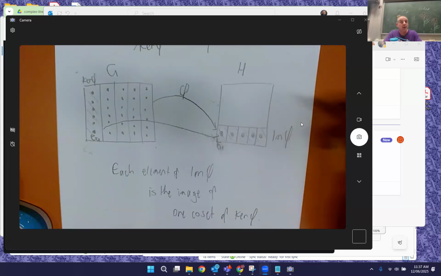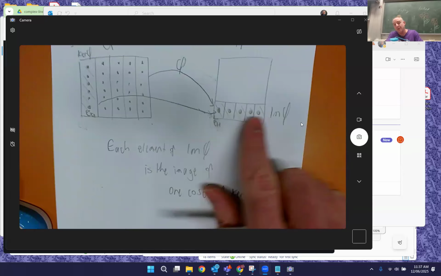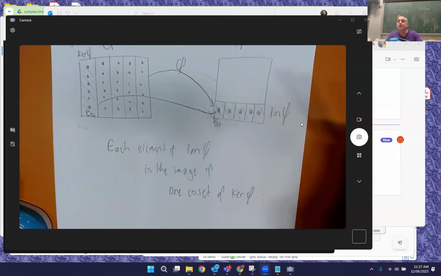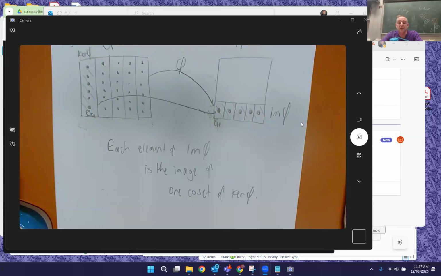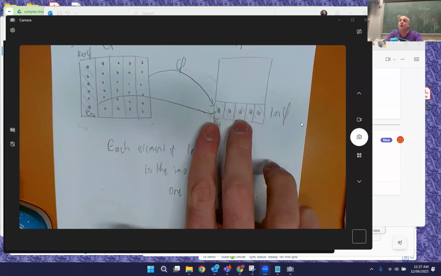And that's why they're isomorphic, because each of them gets an entire coset. That's the idea. And so multiplying two of these is the same as multiplying the matching two of these. That's how the isomorphism works.